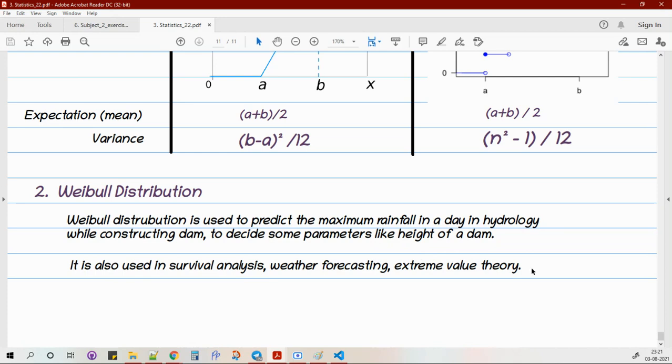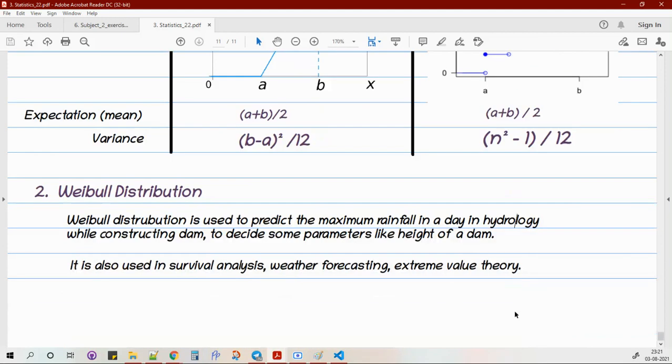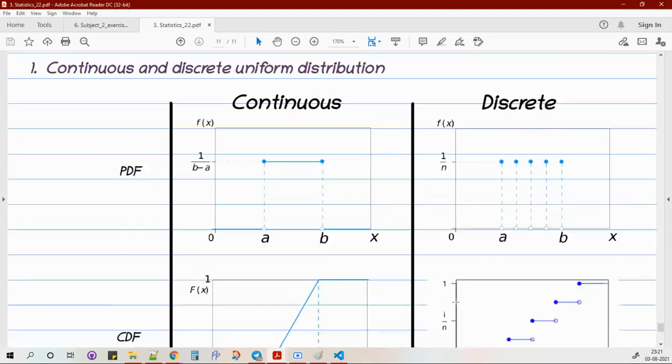I guess Srikant sir's father was a civil engineer and used this variable distribution. He told this story in our course video. The example was maximum rainfall in a day: at the maximum, how much rainfall can happen, and what's the probability.